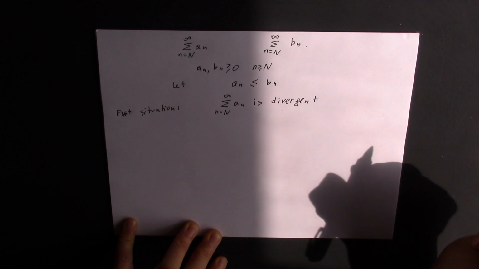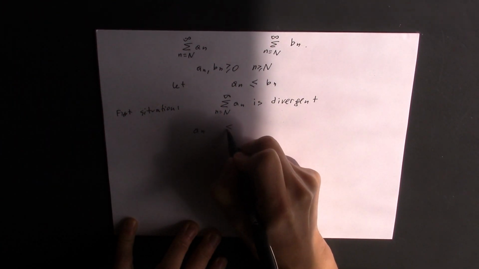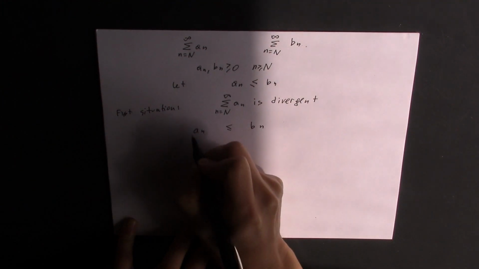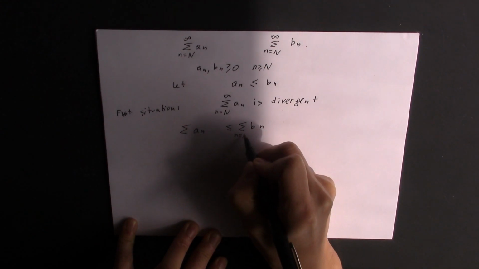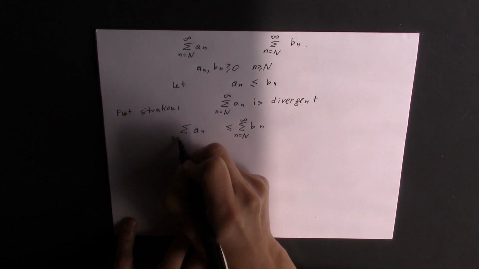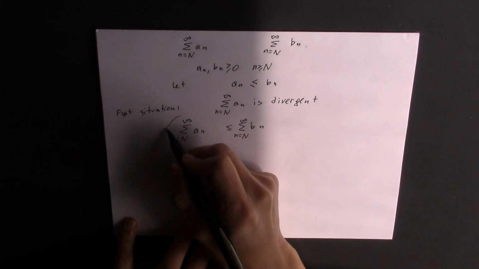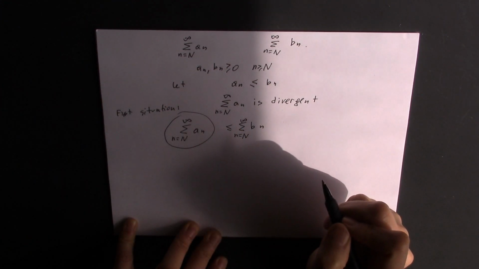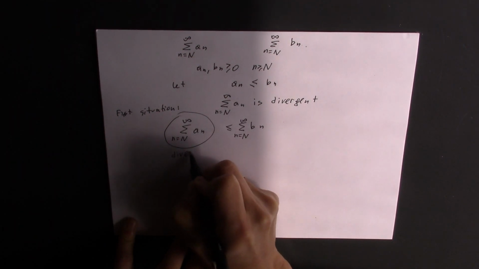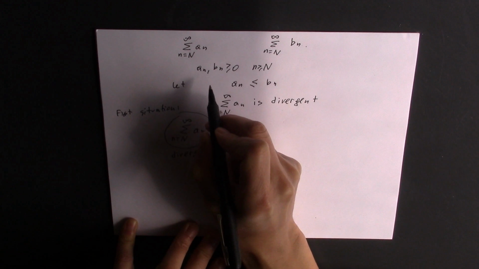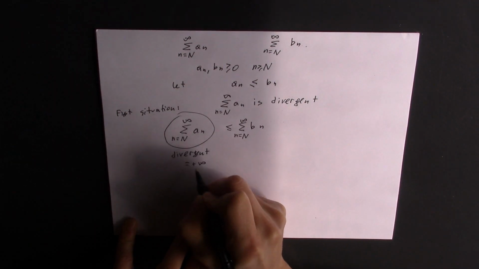a_n is less or equal than b_n. Therefore, if we add up bigger numbers, we should get a bigger series. Now this one is divergent, because it's a positive term series it diverges to infinity, so it equals infinity.